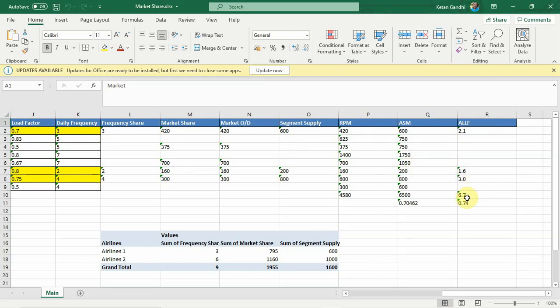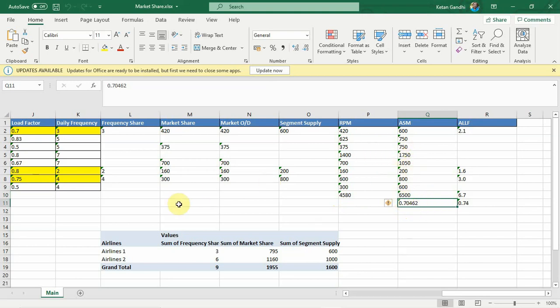So an overall average load factor is this and this, and this is the total of RPM, this is the total of ASM, and that becomes the network load factor. This becomes the network load factor, based on RPM and ASM.